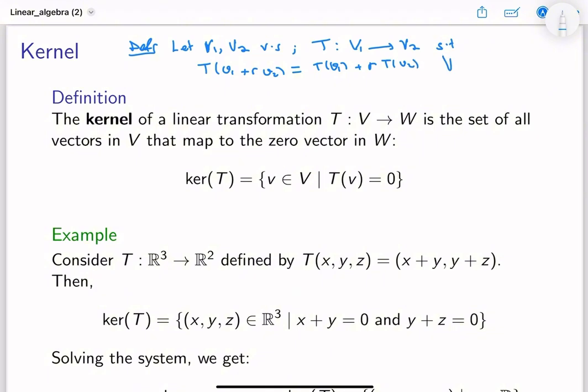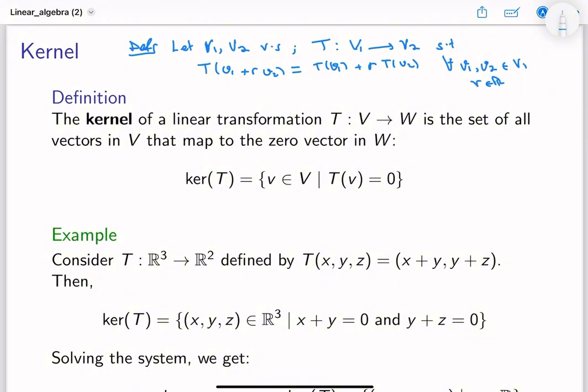This should happen for every v1 and v2 in the domain, and for every real number r.